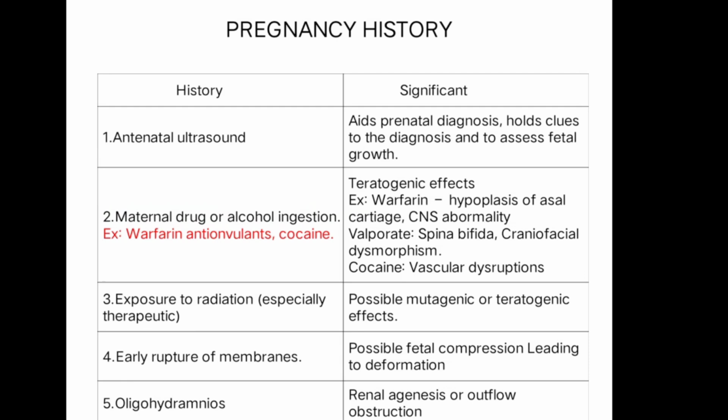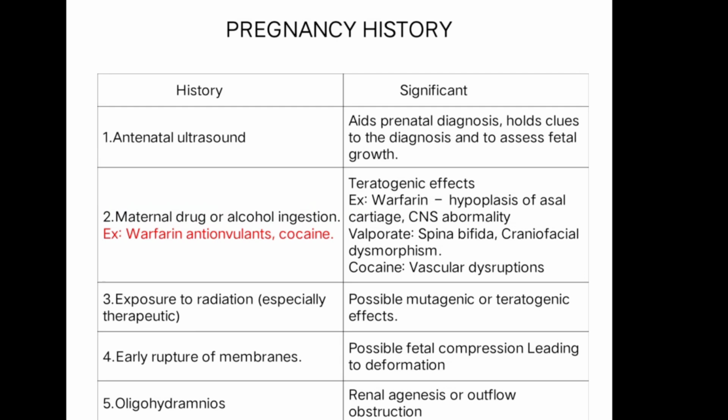If she is consuming warfarin, hypoplasia of the nasal cartilage or central nervous system abnormalities can occur. If a mother is taking sodium valproate, there is a chance of the baby developing spina bifida or craniofacial dysmorphism. If she is consuming cocaine, there is a chance of vascular disruptions in the baby.